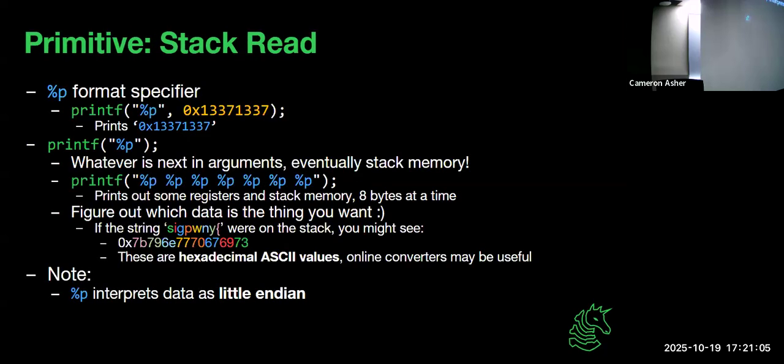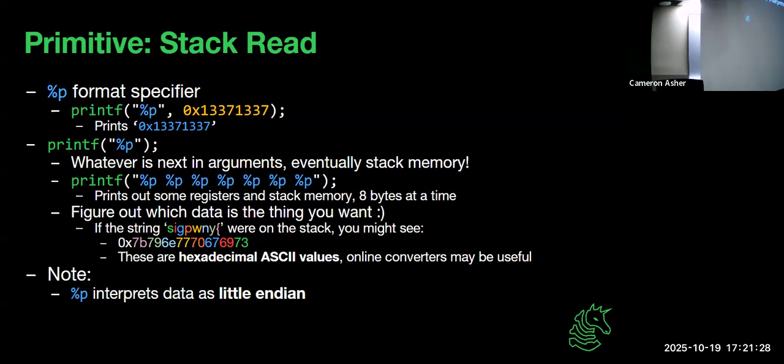So the primitive for stack read is basically we just put a bunch of these. And eventually we'll print a few registers because that's what the calling convention specifies for the first few arguments. But then after that, we start printing out stack memory, 8 bytes at a time. So we can start to figure out which data is what we want. For example, if there's a string on the stack, it gets printed out like this.